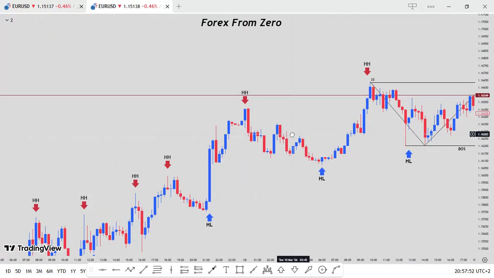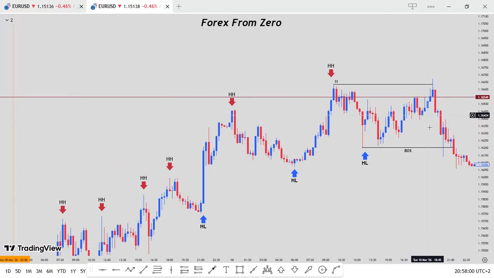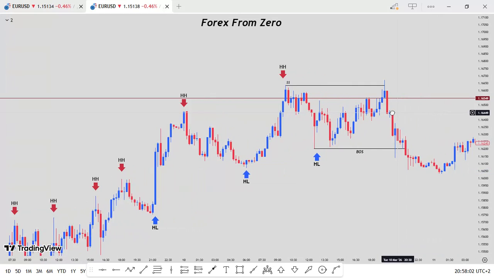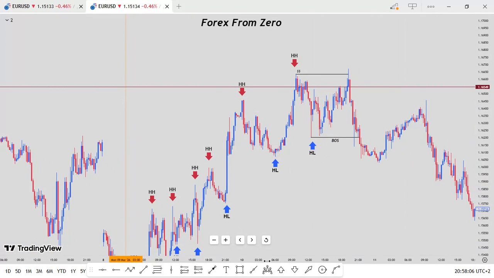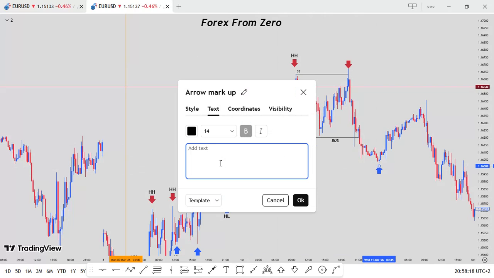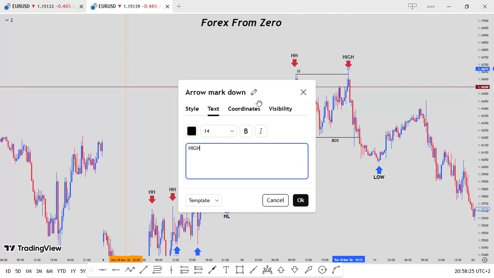Let's see what really happens here. Are we really going to have a pull into these areas here? Okay, and this is what happened. So hence we had our high and we had our low. I'll mark this as our low, and I'll mark this as our high.